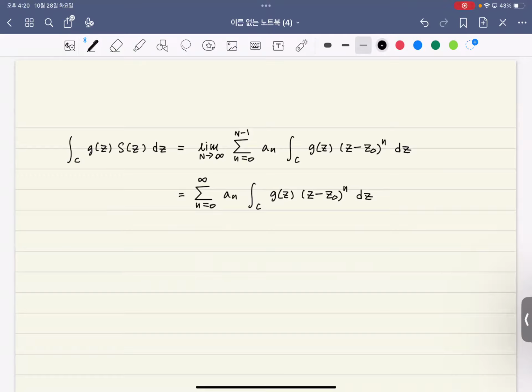This turns out to be a very interesting and useful theorem that we can make use of.